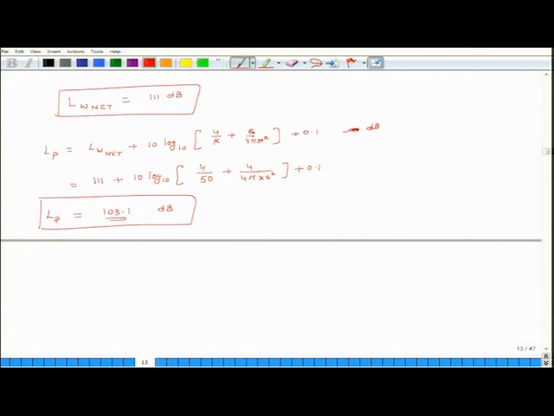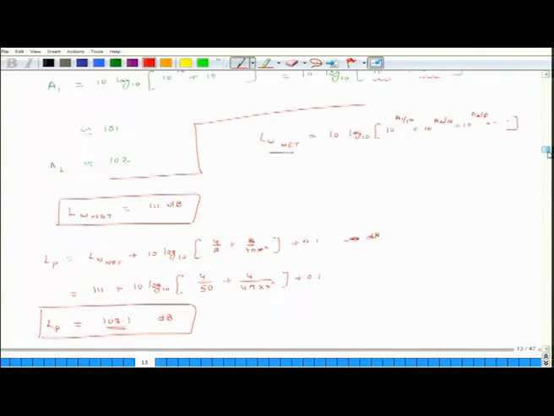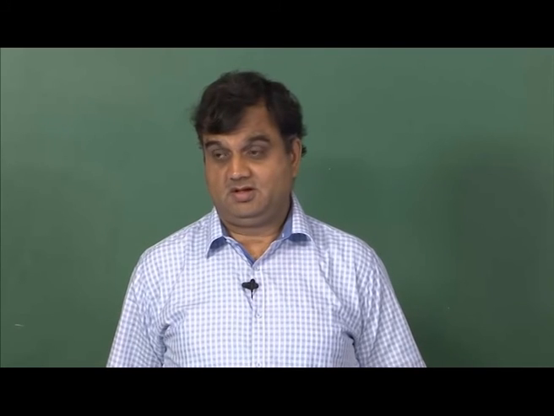Now the question is, in this case we assumed that the directivity Q is the same for both sources. So what would happen if the directivity was different?